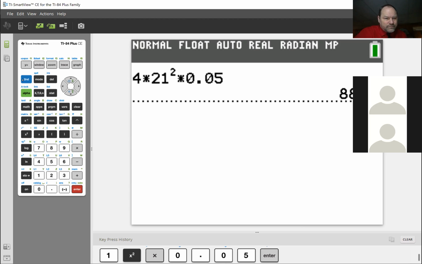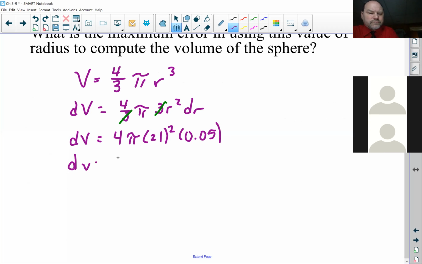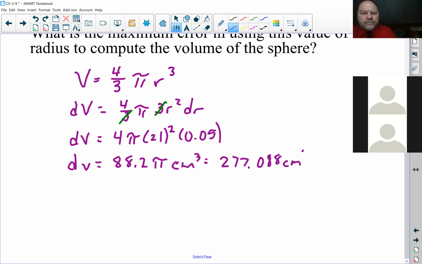Again, if you want the estimated value, 277.088. So that's an approximation.